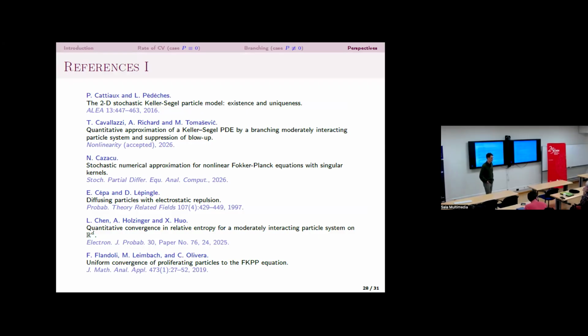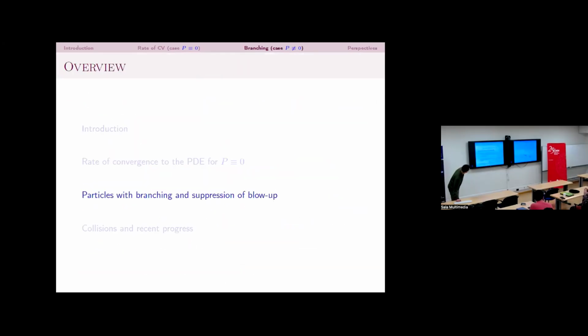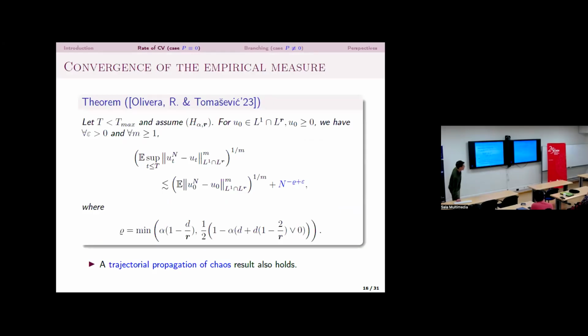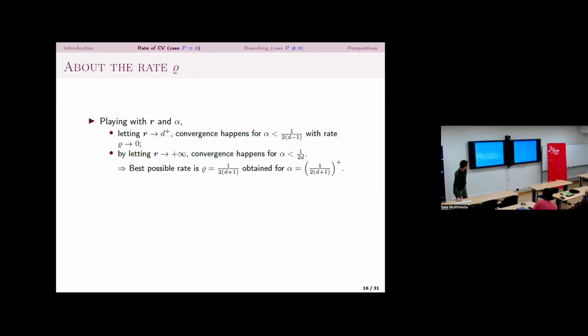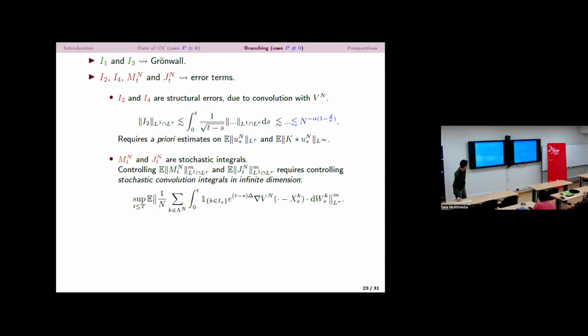The first part? I didn't get the rate at the end. It comes just from seeing what's going on with the martingales. It will be related to the rate of convergence of the empirical measure towards its law, or rather propagation of chaos.